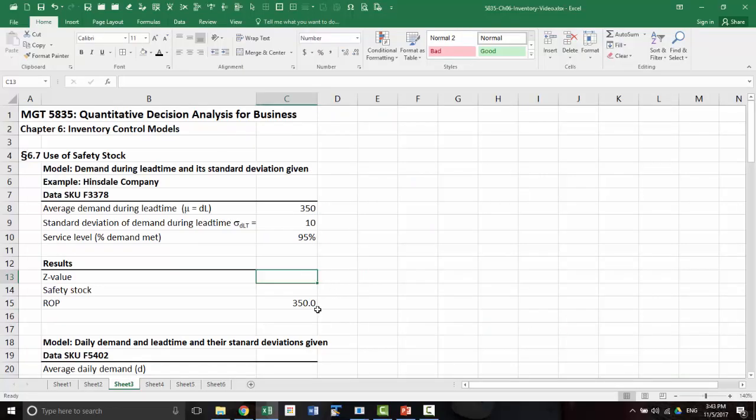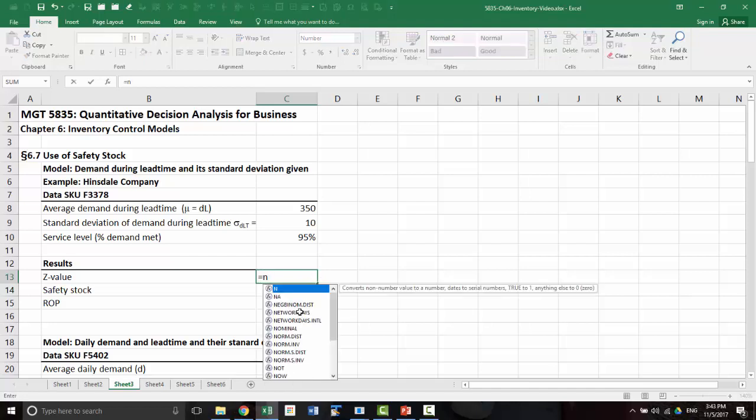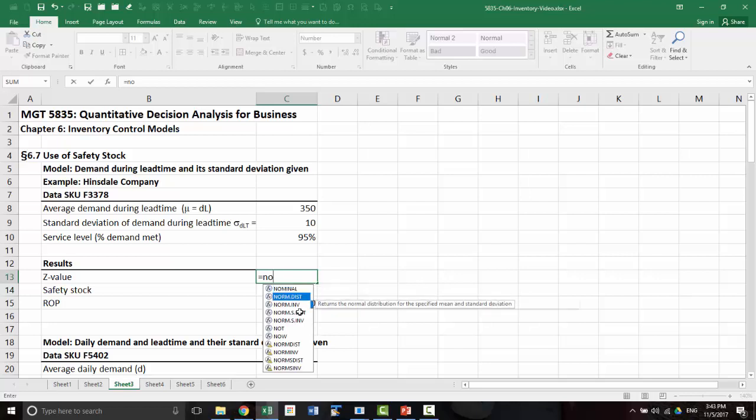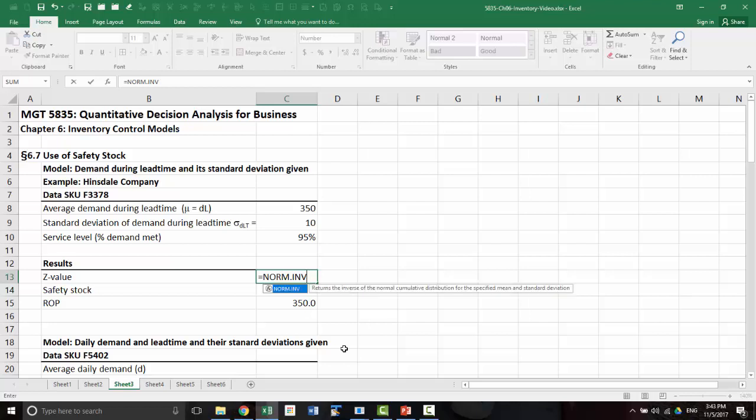So the z value then is, from our probability chapter, we know that the z value is NORM.S.INV of that probability.